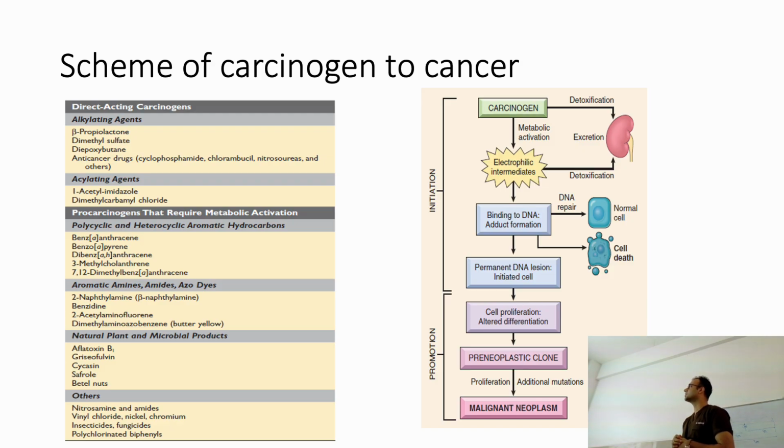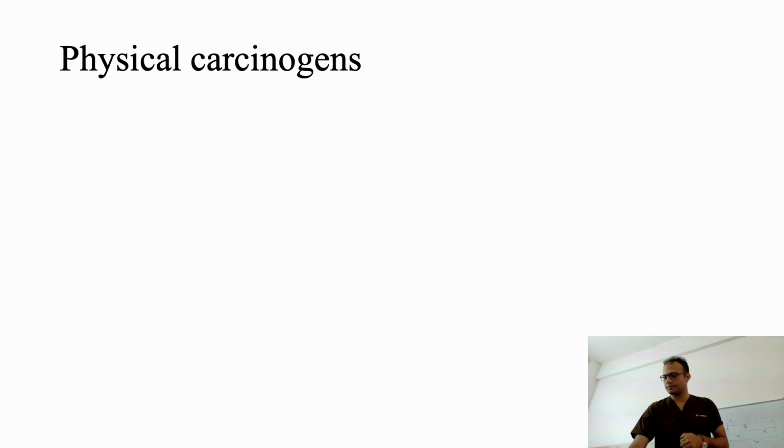The sequence is basically the same for every type of carcinogen. The physical carcinogens bind to the DNA directly after some electrophilic intermediate.